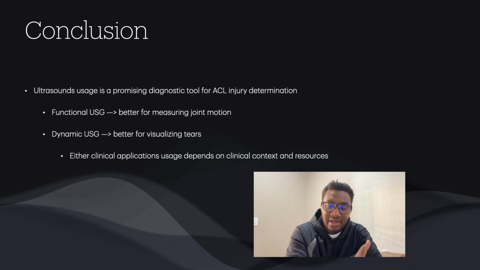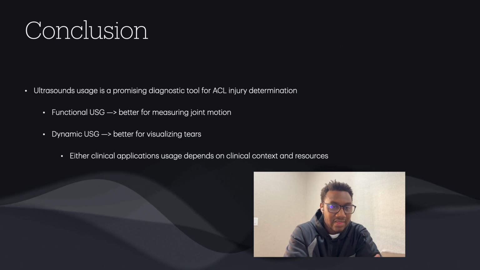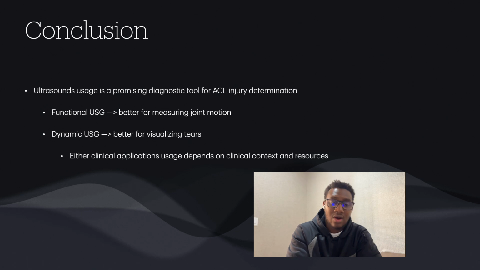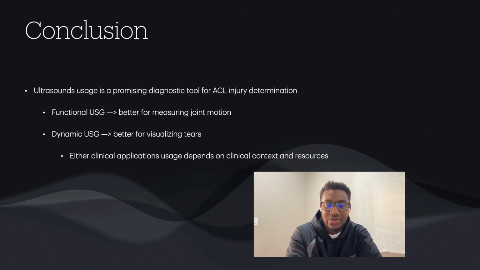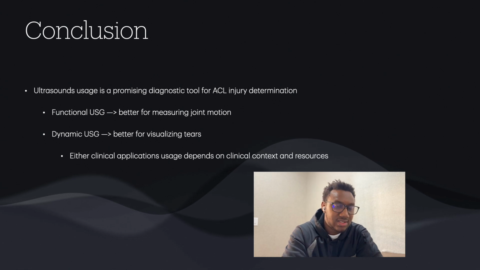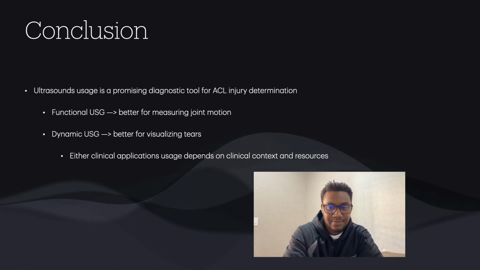But if you can combine the usage of ultrasound technology and use that to determine whether or not an MRI is needed, then you can further use MRI and arthroscopic surgeries as diagnosed for each patient.